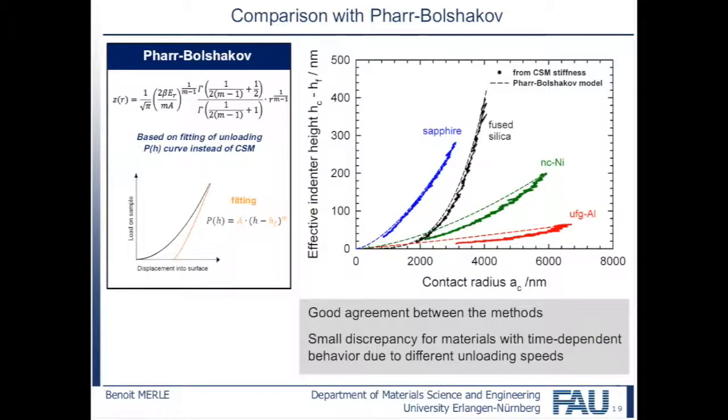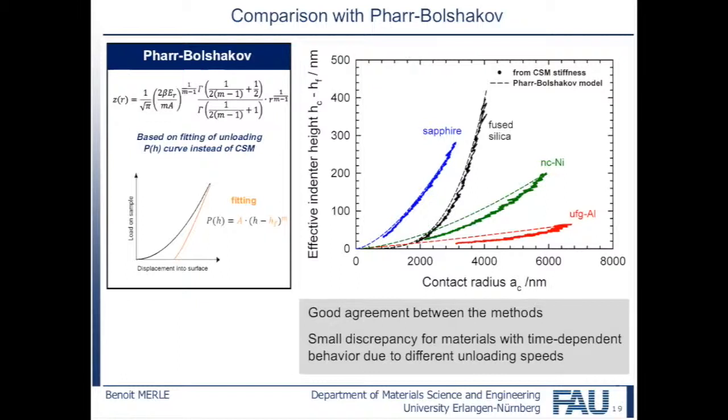Well, that's quite excellent for sapphire and fused silica, while there is a small discrepancy for nanocrystalline nickel and UFG aluminum. I believe this is because those materials show some reverse plasticity during unloading, and since the Oliver-Pharr model is based upon a fit of the whole unloading, and the curvature of this unloading will be affected by this reverse plasticity, the model could be affected.